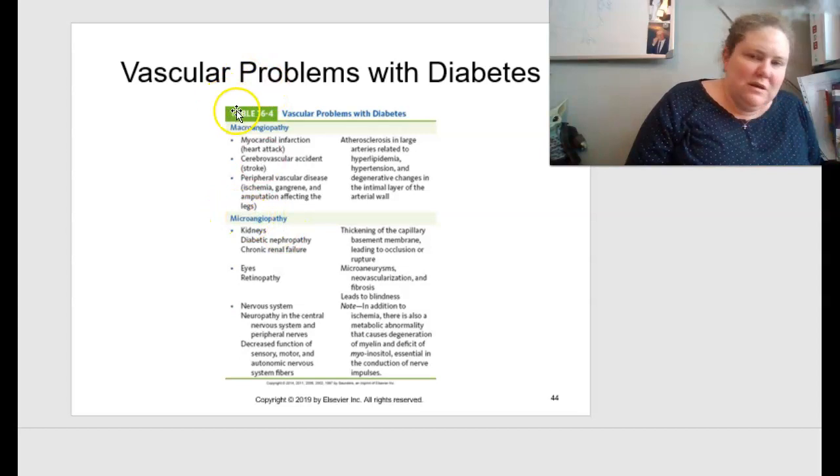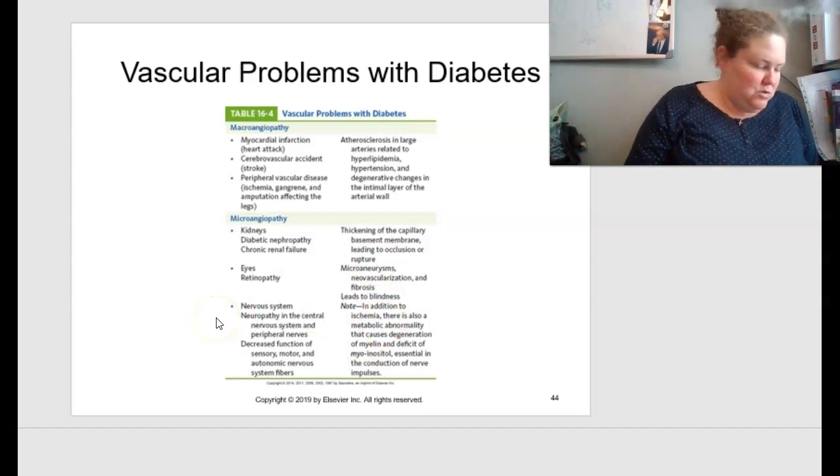And so some of the side effects and problems can cause MIs or heart attacks, right, myocardial infarctions, or cerebrovascular incidents where you would have a stroke, peripheral vascular disease, arteriosclerosis, right? Or the microangiopathy can be from your kidneys, your eyes, your nervous system, right? And all of the different things that it can cause. So it's pretty serious. So we really need to make sure to pay attention to our sugar, and if we have diabetes, take care of it.